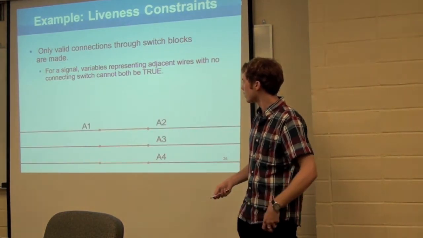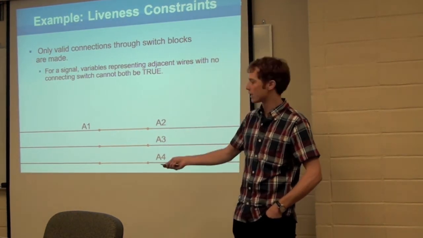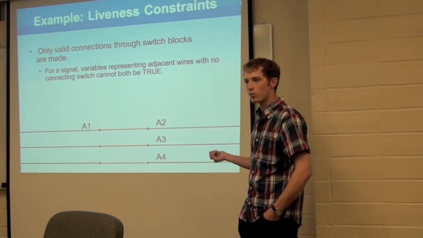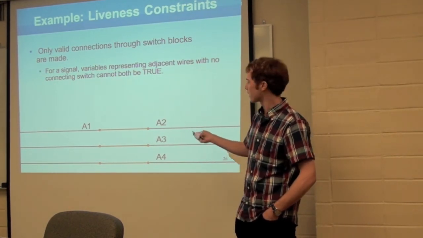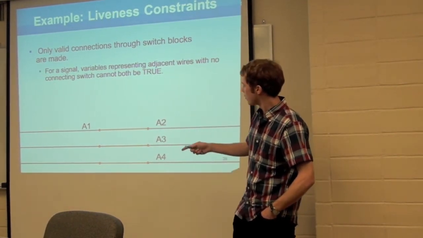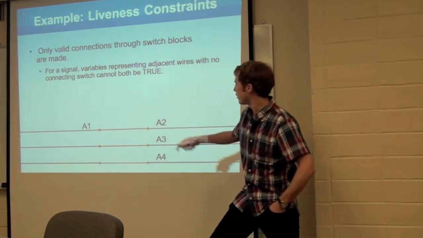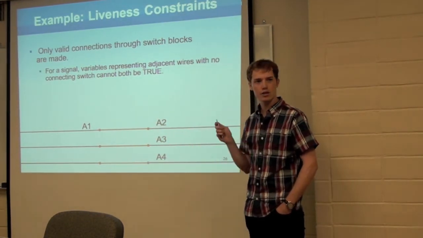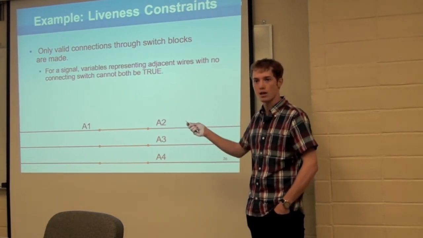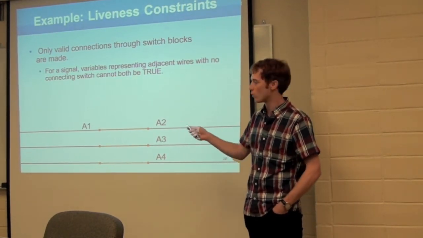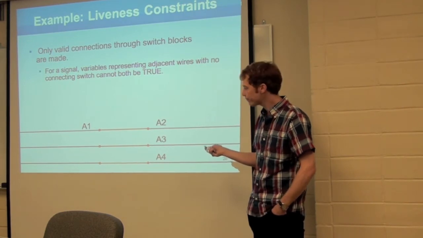So for example, here we have an expanded wide wire on the left, again with n equals 3, and an expanded wide wire on the right, again with n equals 3, and we have a wide edge that's connecting them. This is the underlying switch block topology. We just have our straight connections. So we want to make sure that we don't make any connections between, for example, A1 and A3, signal A using 1 and signal A using 3.